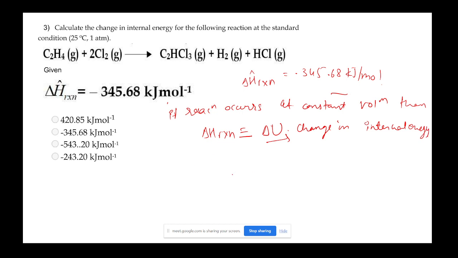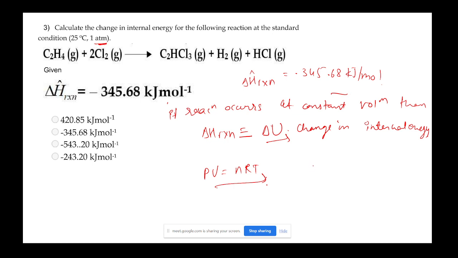If I want to check whether the reaction is occurring at constant volume or not, I see volume is usually related to the gaseous phase. If I check PV equals nRT, pressure is said to be constant here.